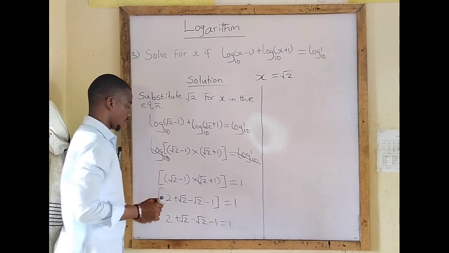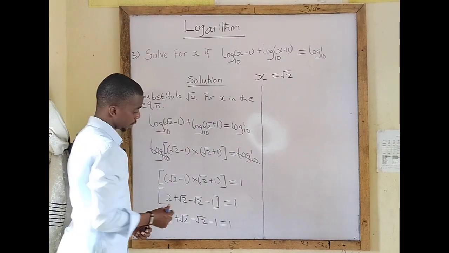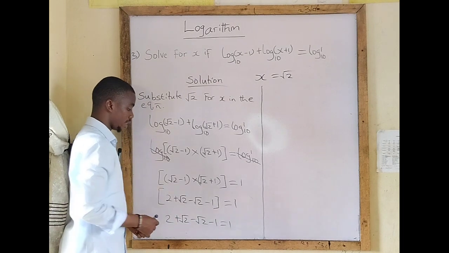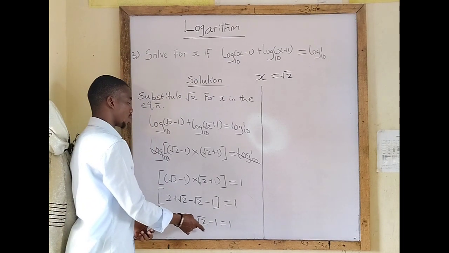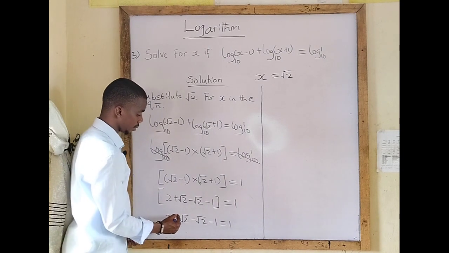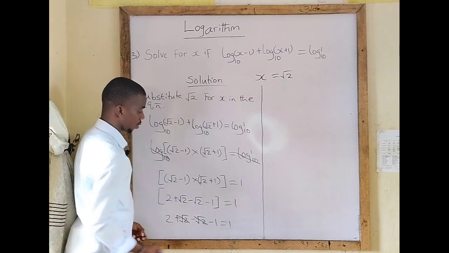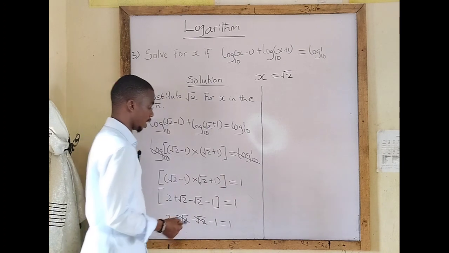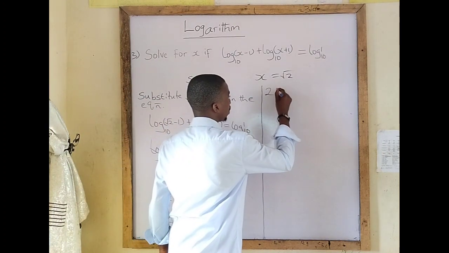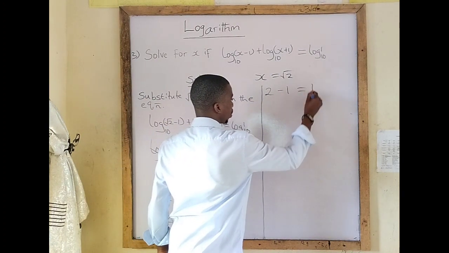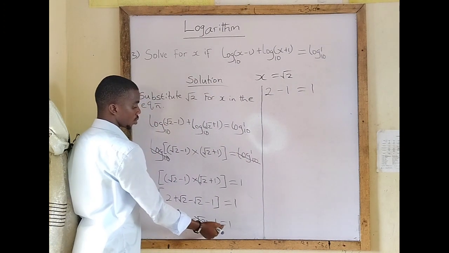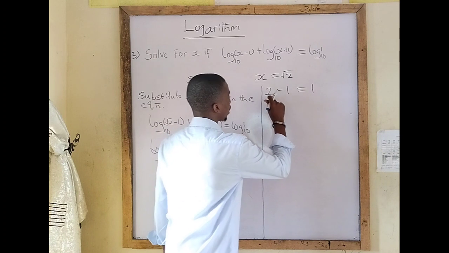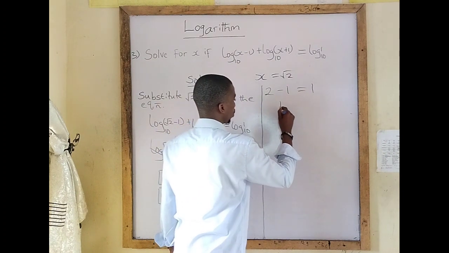You can see that this will cancel off. Plus root 2 minus root 2 will have 0, so that's gone. So we have that 2 minus 1 is equal to 1.